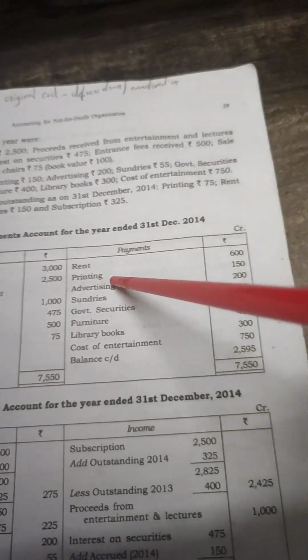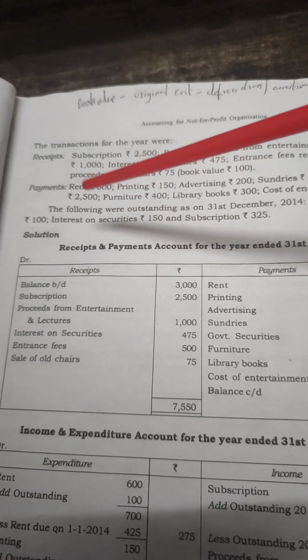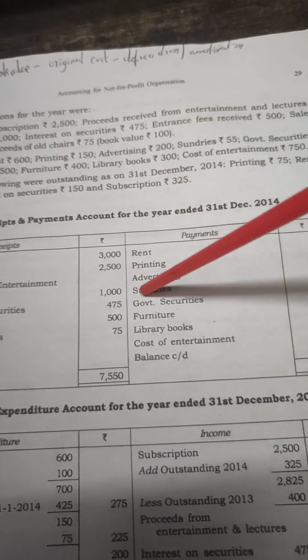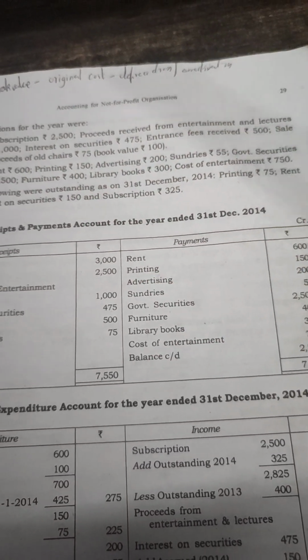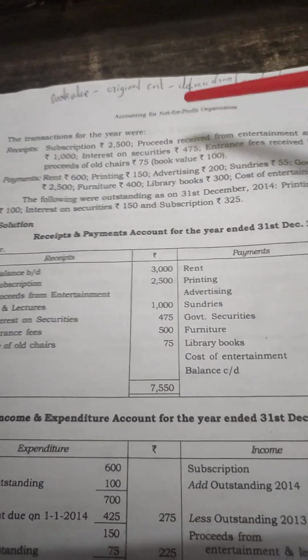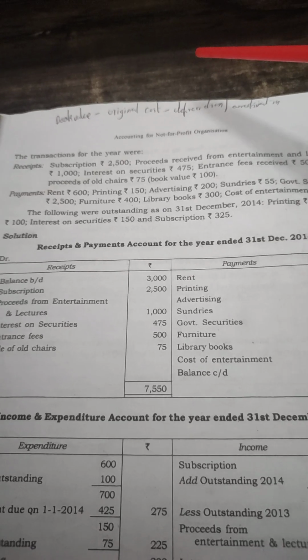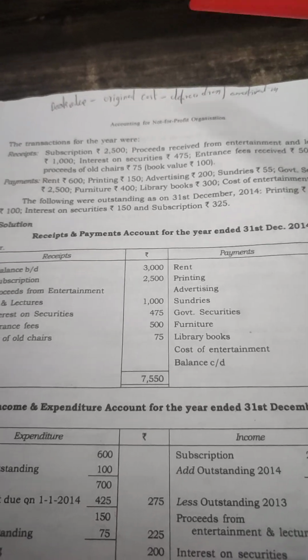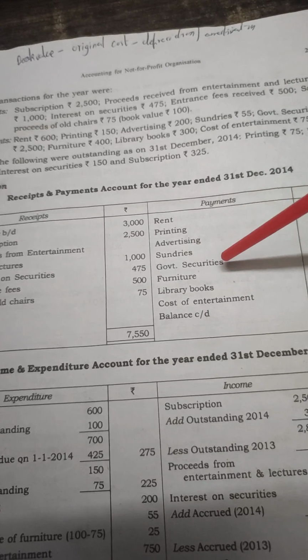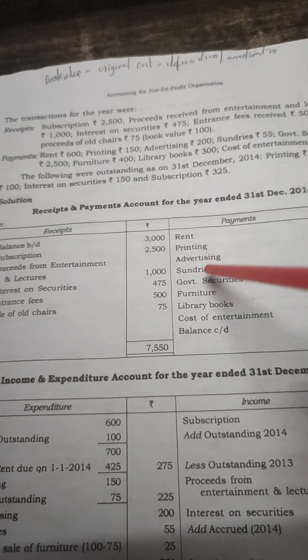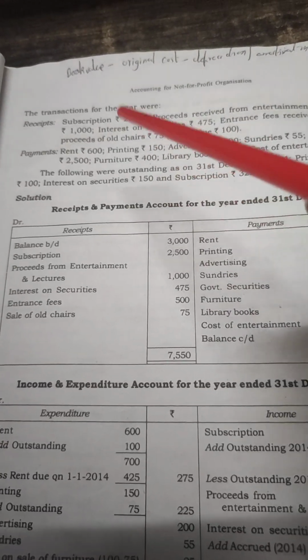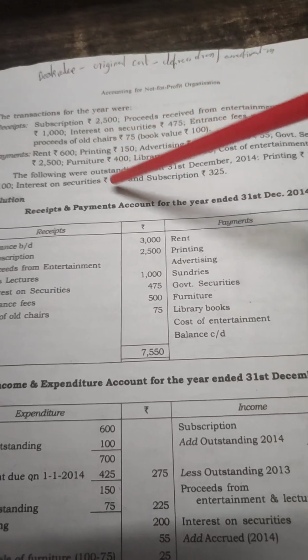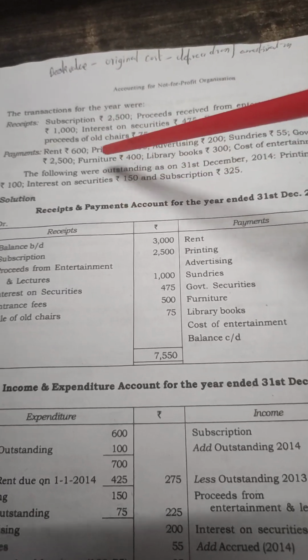Then coming to the payment side. Here rent is given. Here no adjustments are given. No adjustment is taken in the receipts and payments account. Adjustments are recorded only in the balance sheet and in the income and expenditure account, not in the receipts and payments account. Only the current year's items should be recorded in the receipts and payments account.